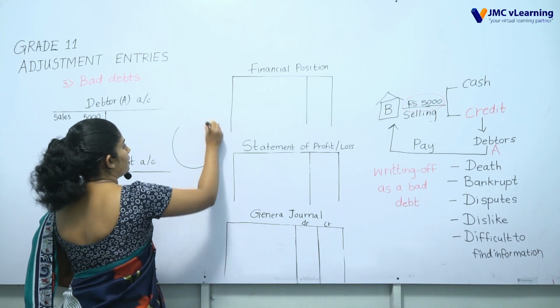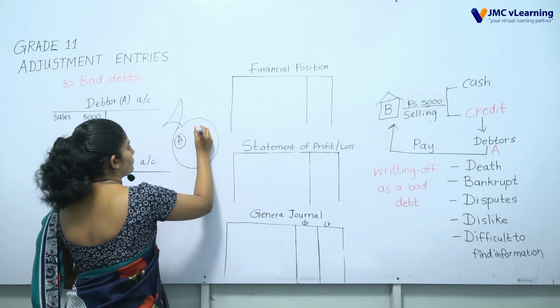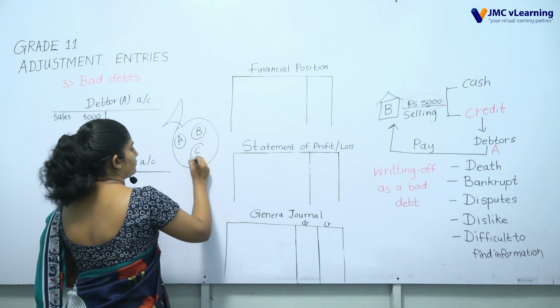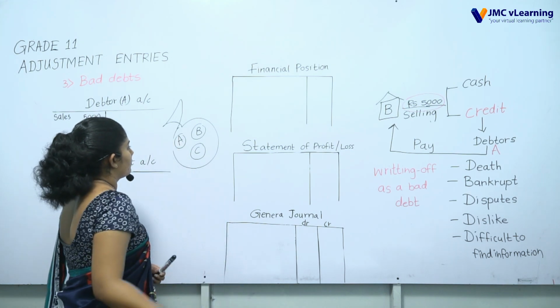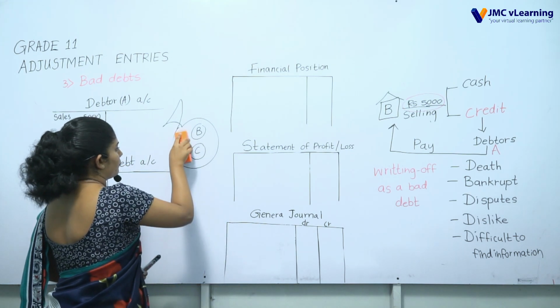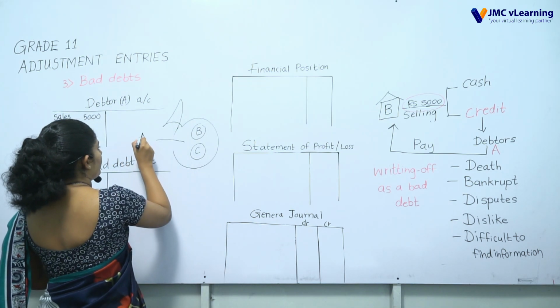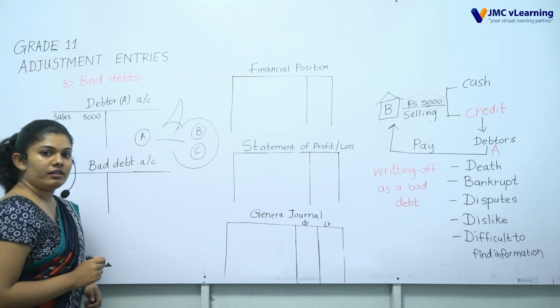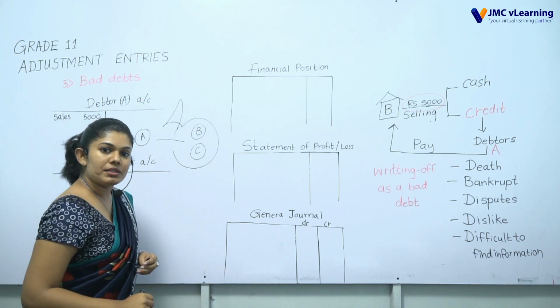I have a bunch of debtors, and I have to remove A out of my debtors. To do that, I have to cancel his account.